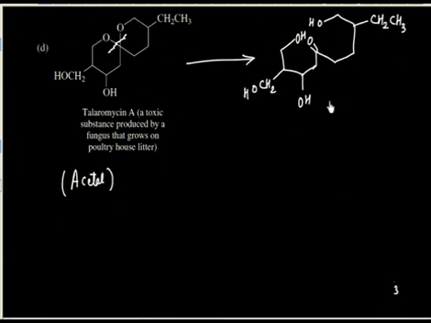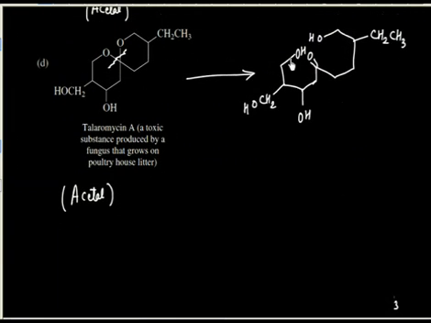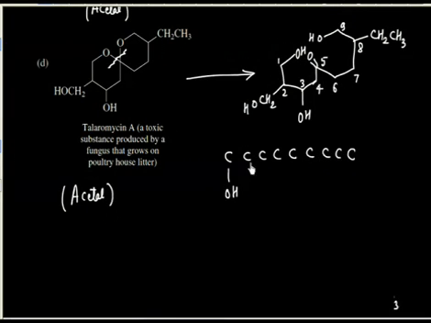You can write the same thing in an open chain structure. So let us write open chain. Let us count 1, 2, 3, 4, 5, 6, 7, 8, 9 carbon. Carbon number 1 contains OH. Carbon number 2 contains CH2OH.